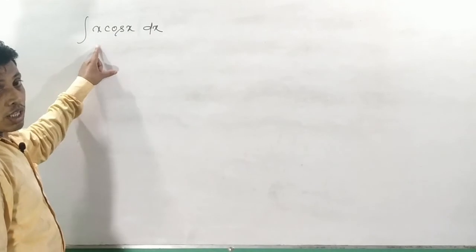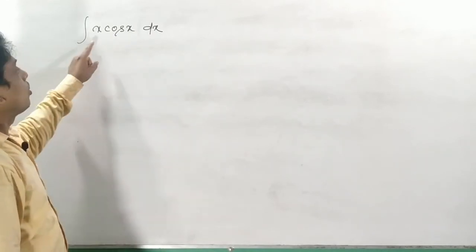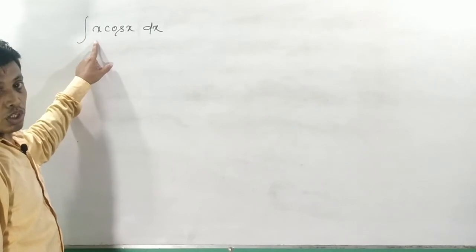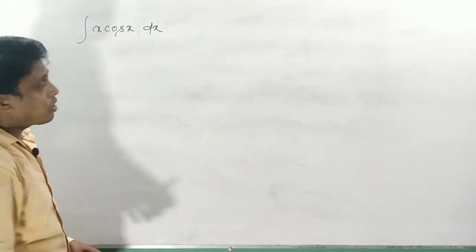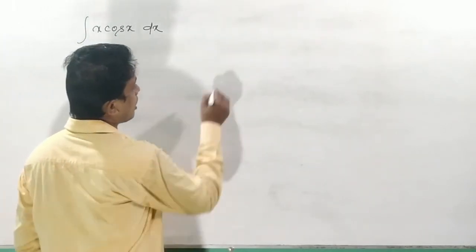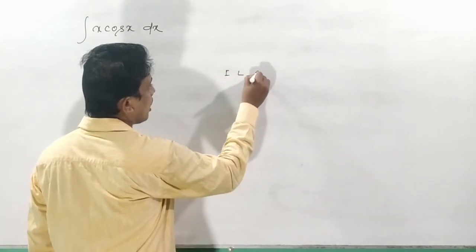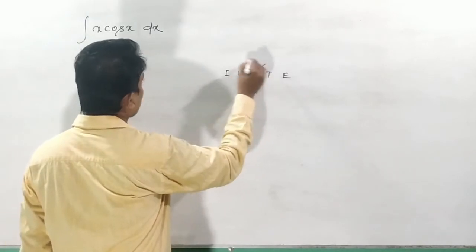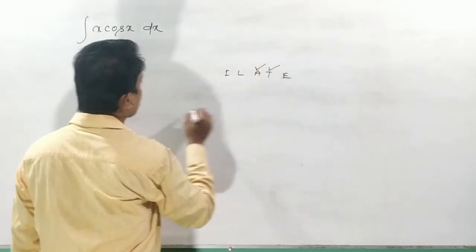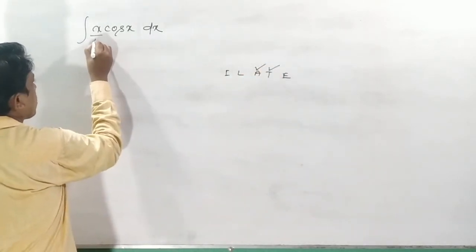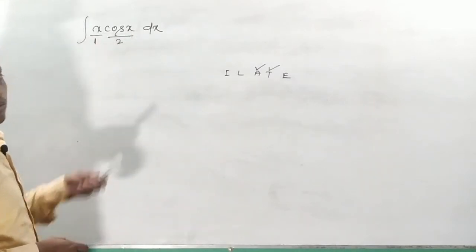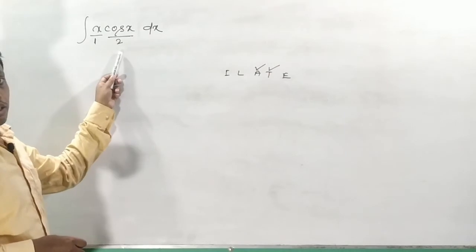What type of function is x? Clearly it is an algebraic function, and cos x is a trigonometric function. So mark it I L A T E. So x is the algebraic function, then cos x is your second function. So this will be the first function and this will be the second function. Don't write 1 or 2; I just write this to help you understand.